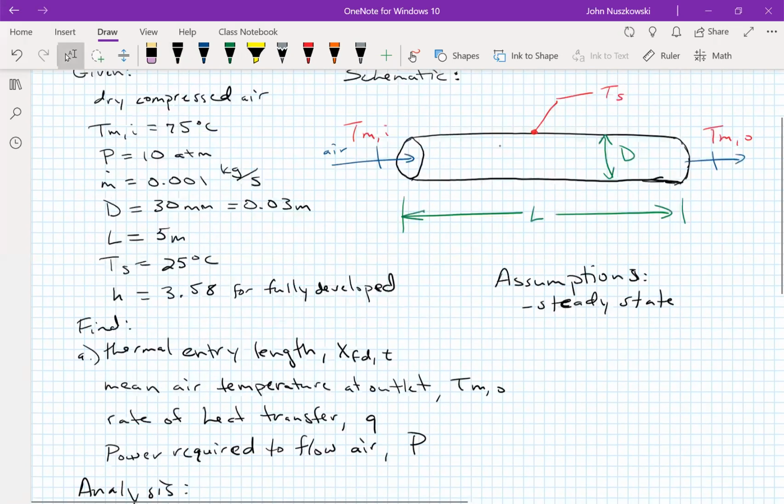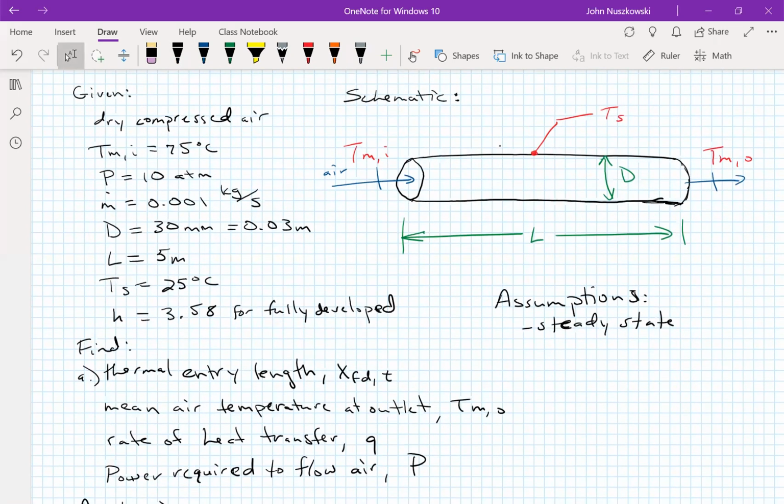All right, so where do we want to begin here? I would start with finding the Reynolds number.